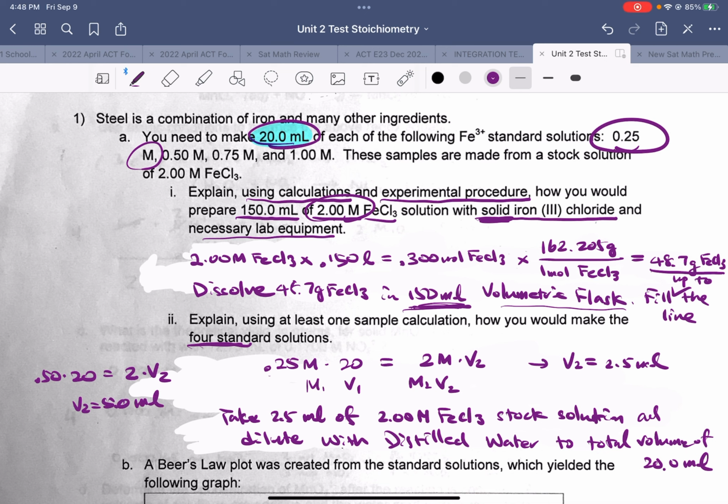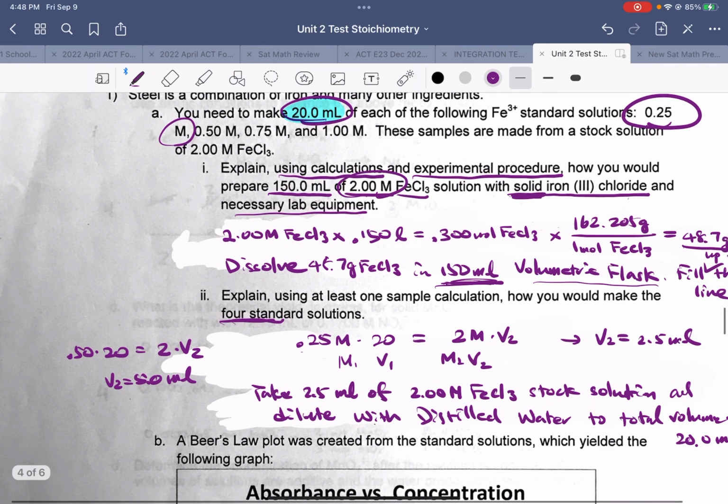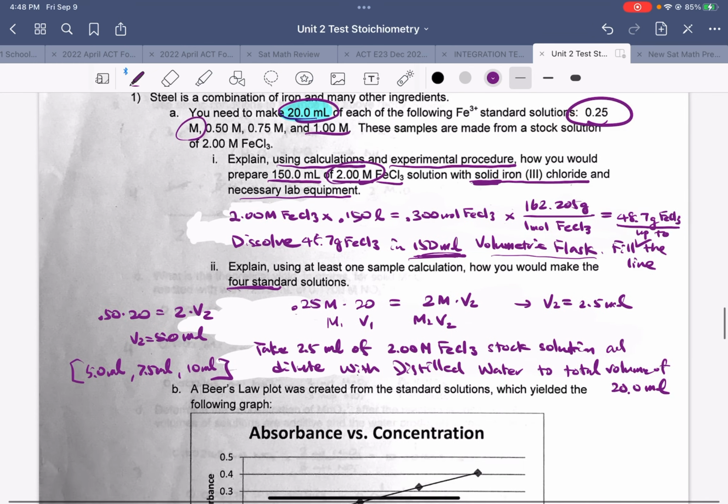I'm not going to do every single one, so I'm just going to write down the answers. So 5.0 milliliters for 0.5 molarity, 7.5 milliliters for 0.75 molarity, and 10 milliliters for 1 molarity. That's how you're going to prepare them.